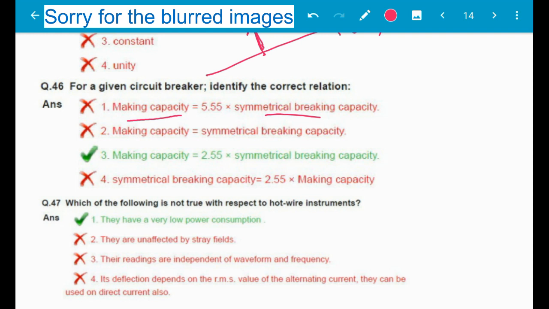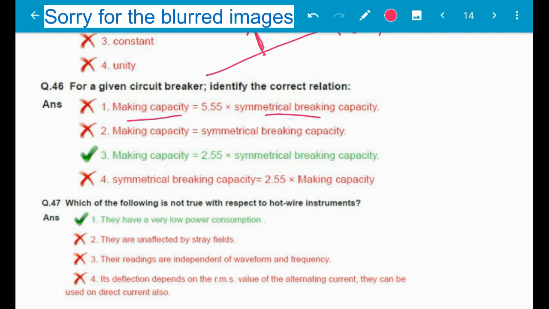So what is breaking capacity? Breaking capacity is the current in RMS value that a circuit breaker is capable of breaking at a given recovery voltage and other specified conditions, such as the rate of rise of restriking voltage.